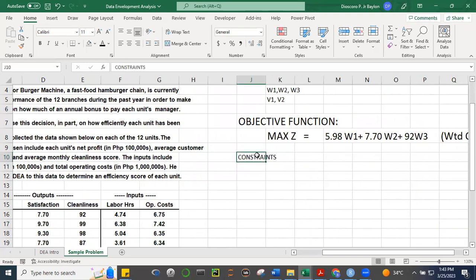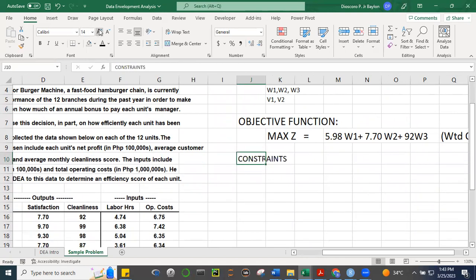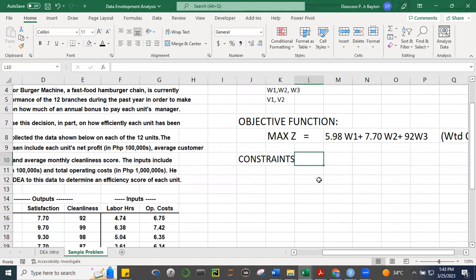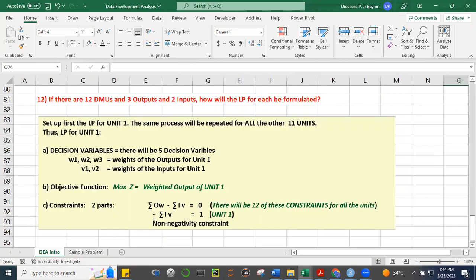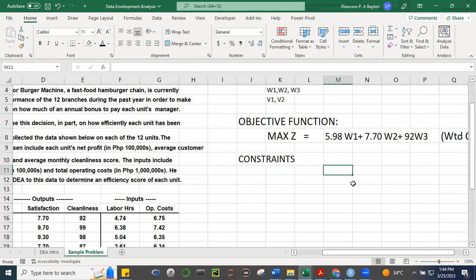What will be our constraints? So we have two sides to this, right? The first one is that for unit 1, its weighted input should be equal to 1. We have to put that constraint. So based on this, let's take a look at the formulation here. What would that be?